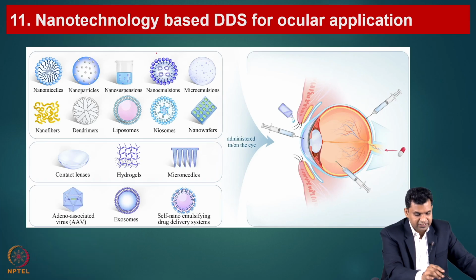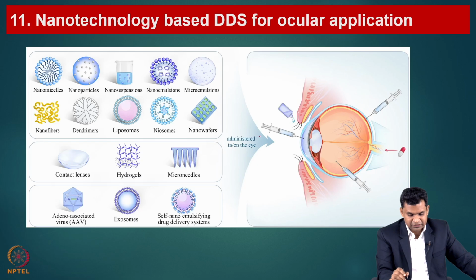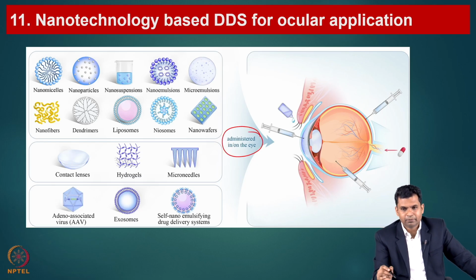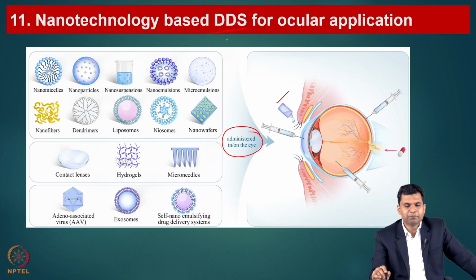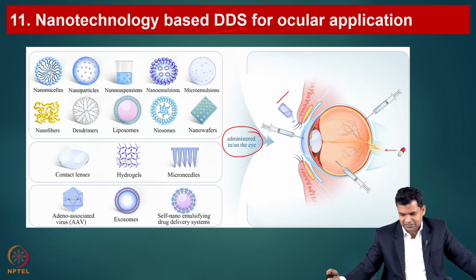You can see the various types of formulations that can be administered in and on the eye, using topical formulations, simple solutions. There are in situ gels that can be delivered, nano emulsions and other types of nanoparticles we can also give, and various injection formats. So with that we can expect improved efficacy of ocular drug delivery systems.